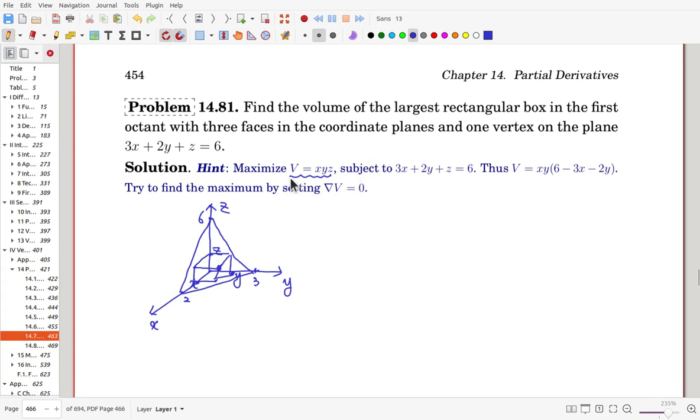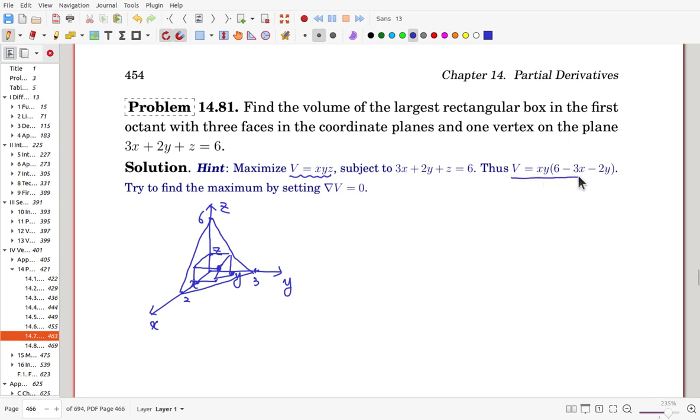So eventually we have to maximize f of V equals xyz subject to this condition. By using this condition, we may simplify the variables. Rather than 3 variables, we change it into 2 variables, x and y, by using that equation.